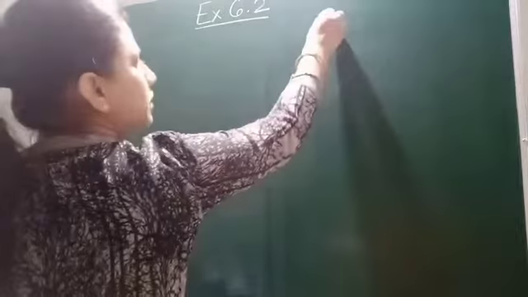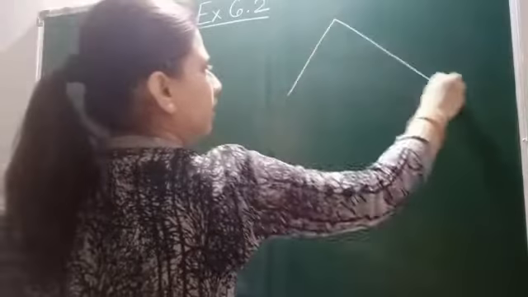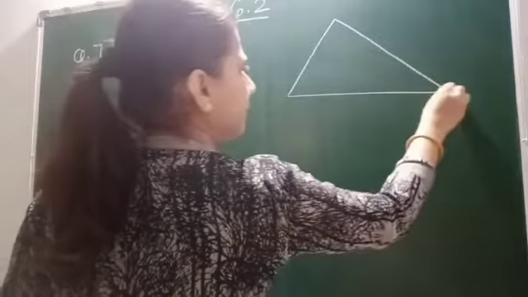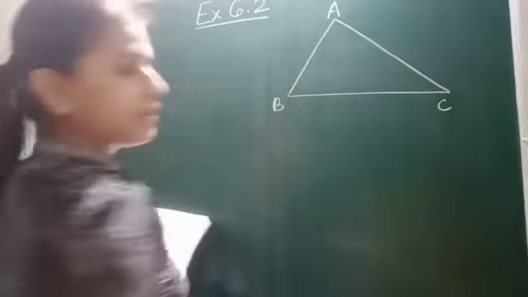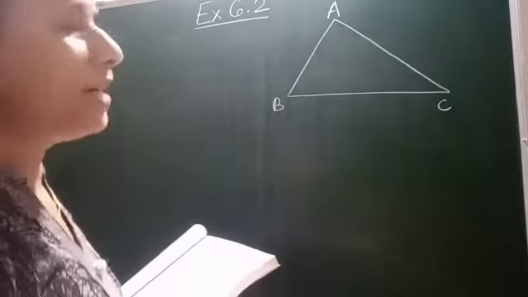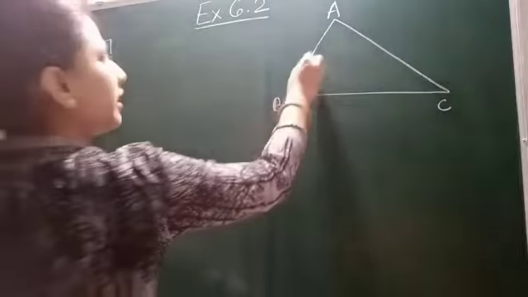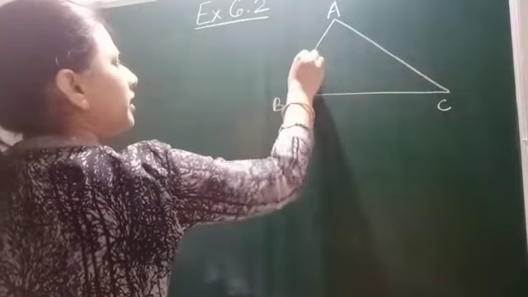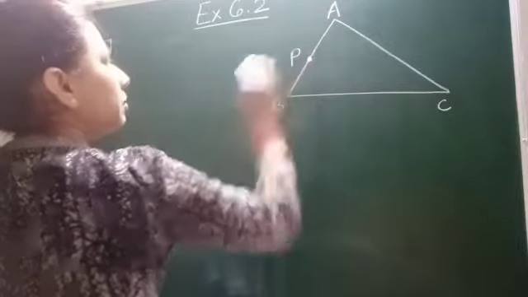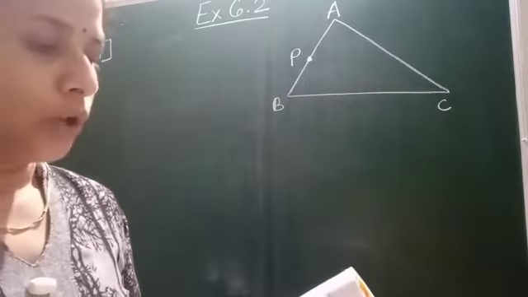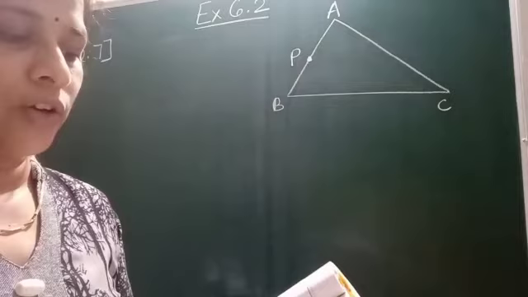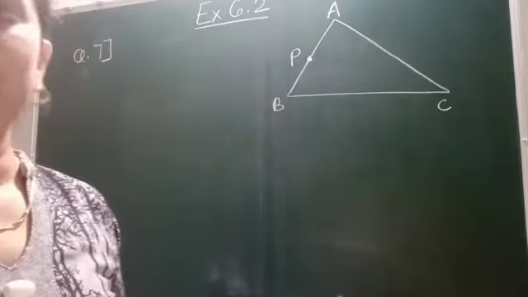It means first we will draw a triangle. Suppose this triangle is your ABC. Then we have to take the midpoint of one side. Let's take midpoint of AB is your P. Then according to the question, a line drawn through the midpoint of one side of a triangle parallel to another side.